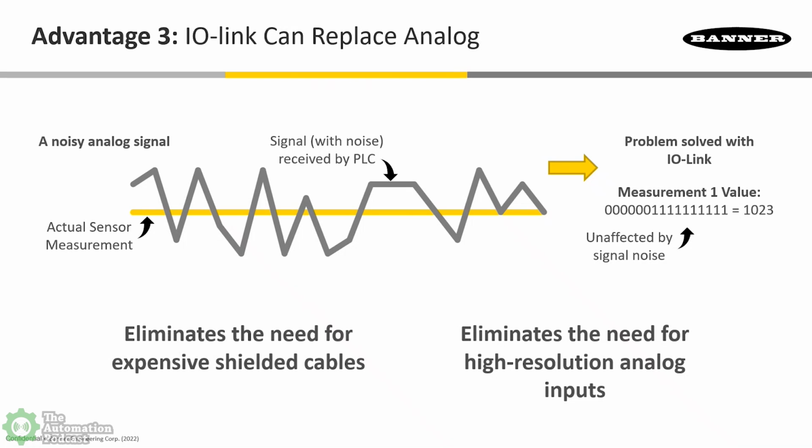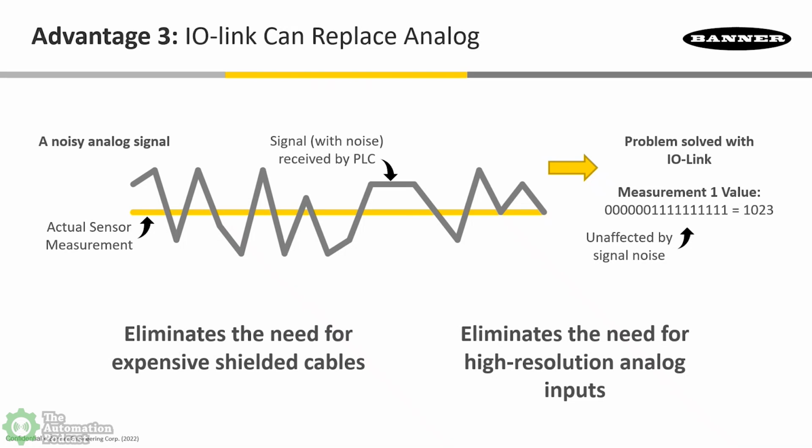And this means you don't need to use shielded cables anymore. By switching to IO-Link, we've seen on average analog costs reduced by 15 to 25% in savings on hardware. And so that's another big advantage where people may have an analog device that already has IO-Link on it. This is the case where some people may have an IO-Link device and not realize it, and they could switch to IO-Link.